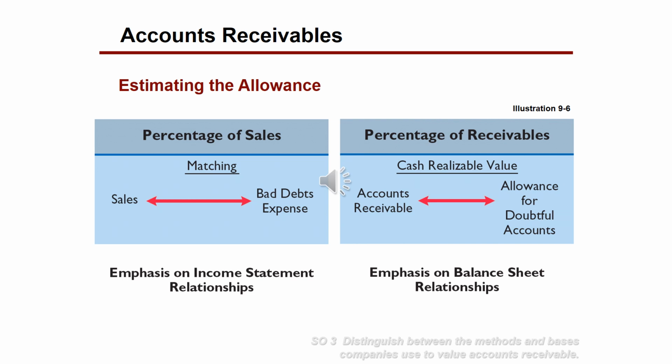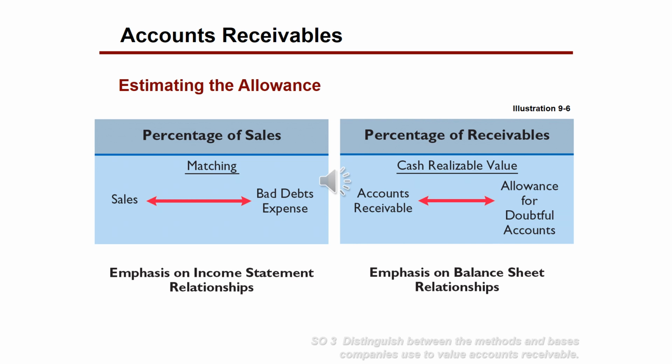Now, the choice is whether to emphasize income statement or balance sheet relationships. As you can see in the illustration here, the percentage of sales basis results in a better matching of expenses with revenues, which is an income statement viewpoint, and the percentage of receivables basis produces the better estimate of cash realizable value, which is a balance sheet viewpoint.